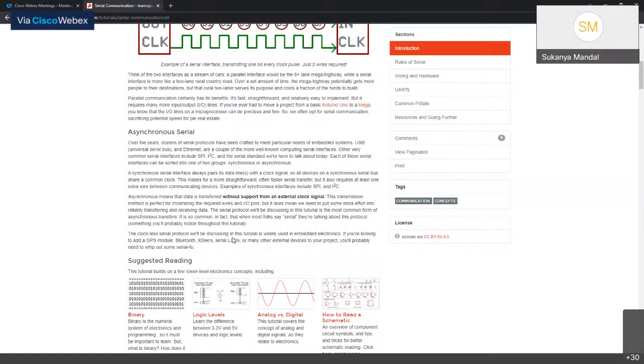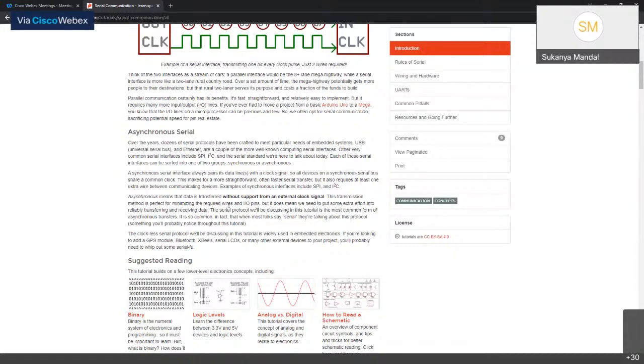Now, talking about asynchronous serial. Over the past decades, dozens of serial protocols have been crafted to meet the needs of embedded communications.